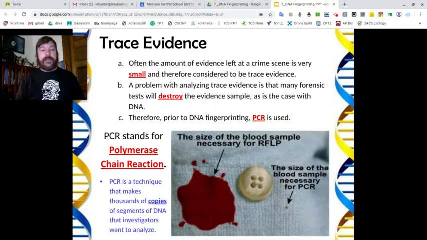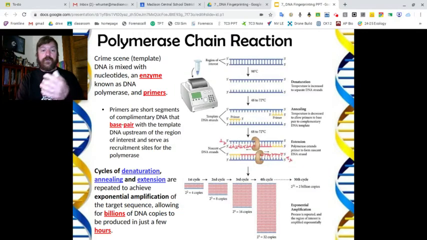If we need to get more evidence, we can use a process called polymerase chain reaction, which will take a tiny sample of DNA. I mean, we're talking like a pinprick of DNA here, and you can make millions, not thousands, millions of copies of the DNA that's present there in a very short period of time and allow enough of the sample to be analyzed. The process works like this.